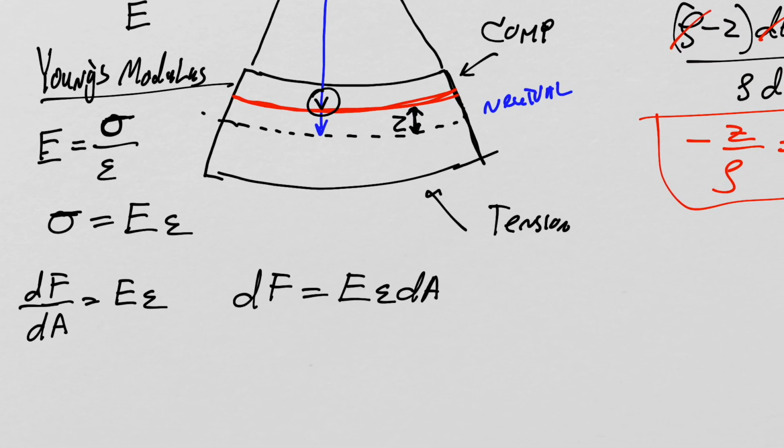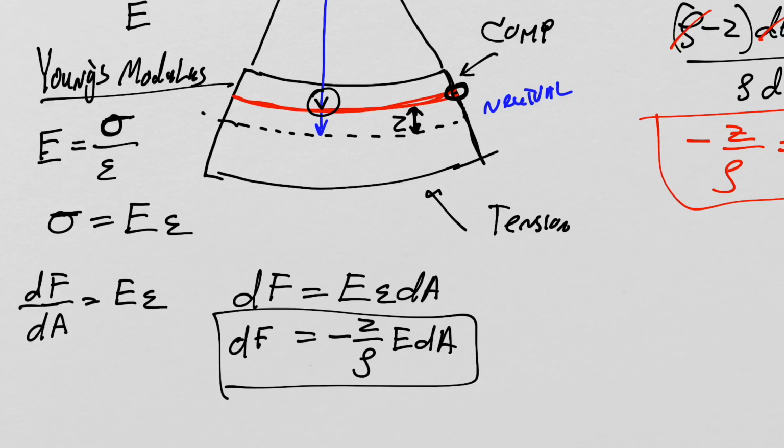And for us, this equals minus Z over rho, that's what the strain is, times E dA. So that's what the differential amount of force is, at this location, given by this expression right here.